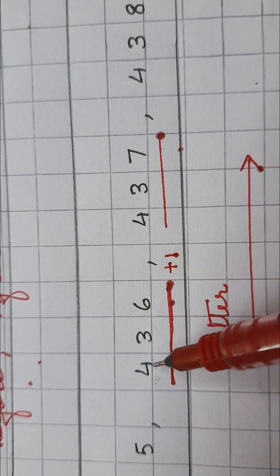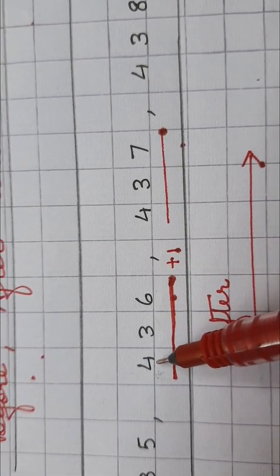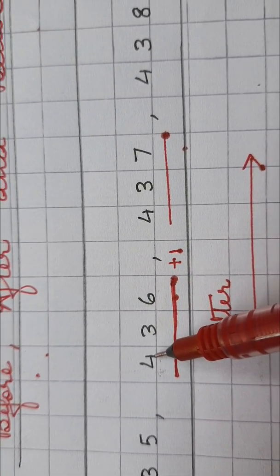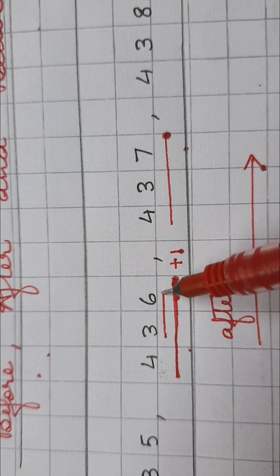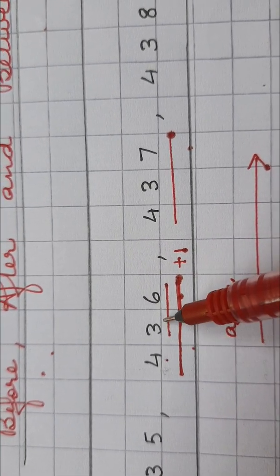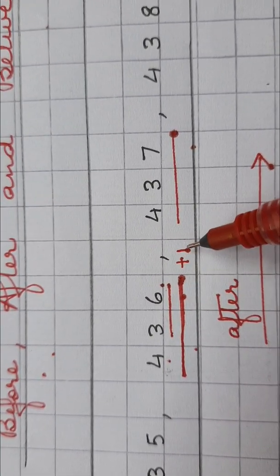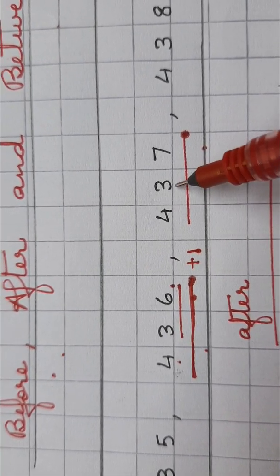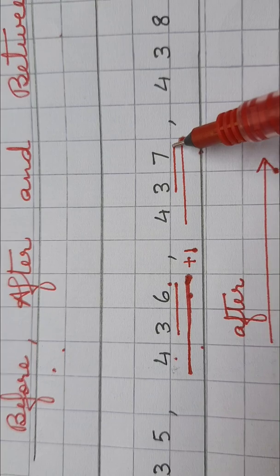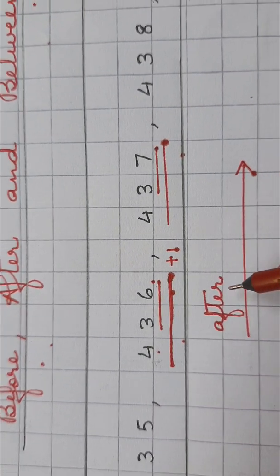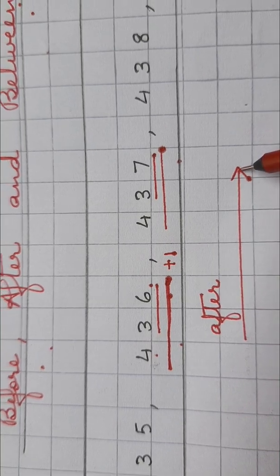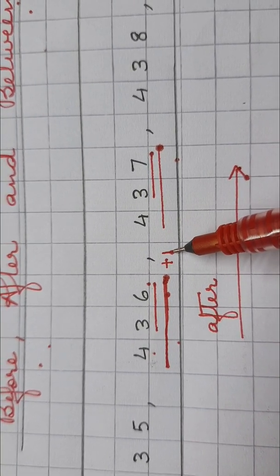Here you can see how we read this number. 436 means you say 4 and then you say tens and ones together, 436, and when you add 1 to it, it becomes 437.